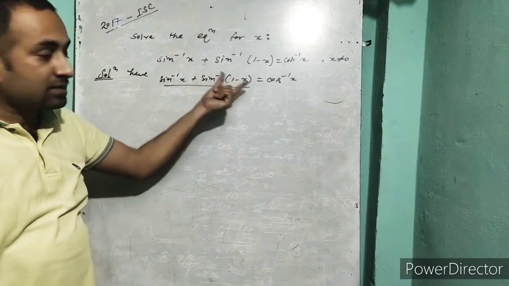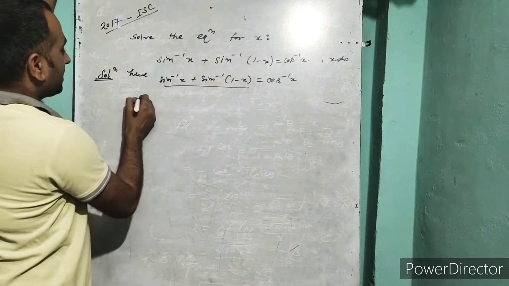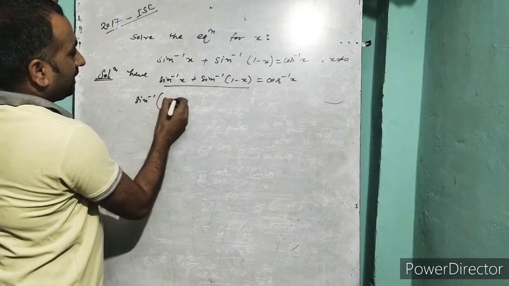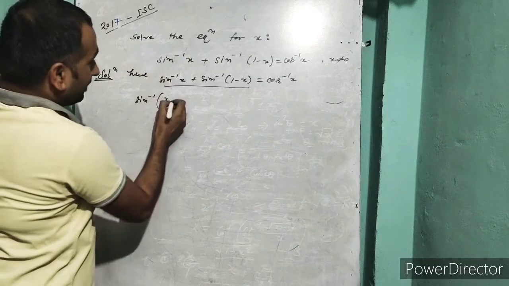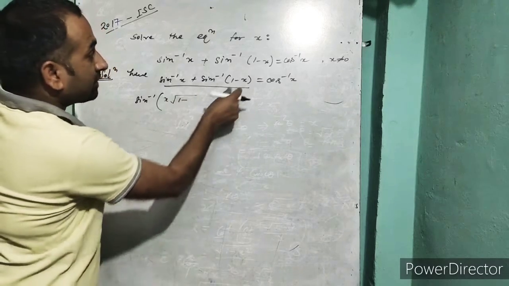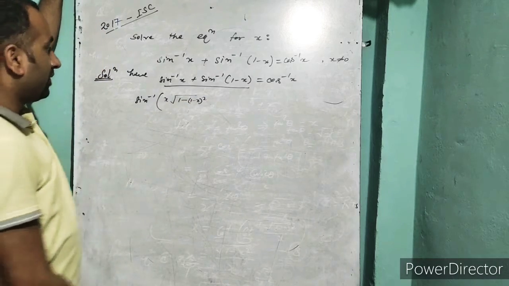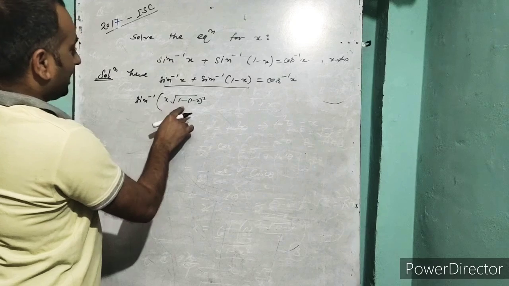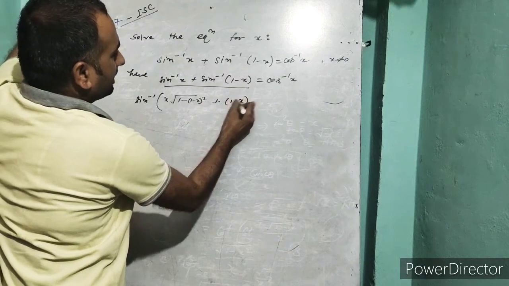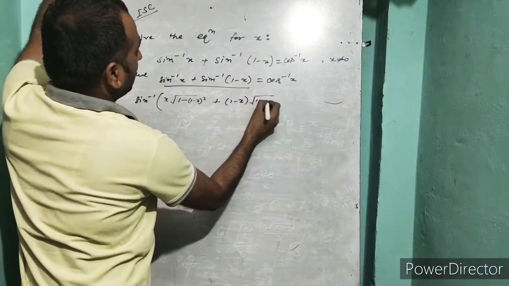Sin inverse x plus sin inverse y is sin inverse of x under root 1 minus y square plus y under root 1 minus x square. What is your y? y is 1 minus x. So this will give you 1 minus (1 minus x) the whole square, and here again under root 1 minus x square.